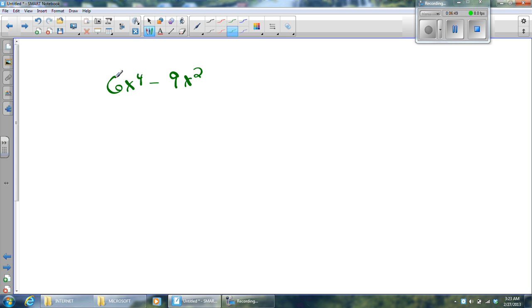I need a little more room to show some work. We already know part of the GCF is 3. But what's the smaller of the variables? Well, x squared, right? X squared is also a part of my GCF. I mean, if I wanted to, couldn't I rewrite x to the 4th as x times x times x times x?